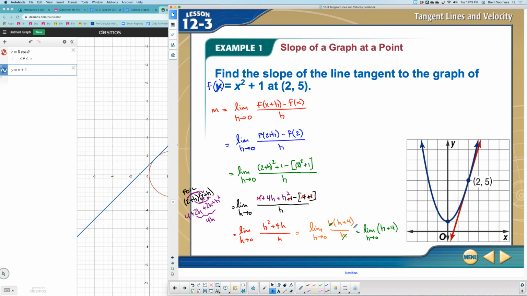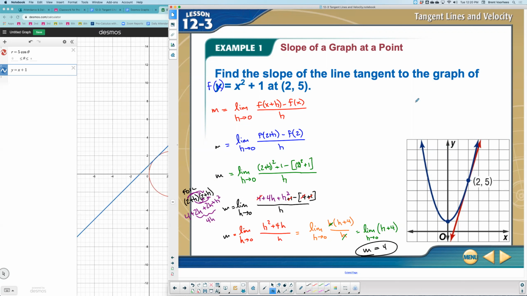Now that I have this as a polynomial, I can substitute in directly and determine that the slope will equal 4. m is the slope. This whole time we were saying m equals this, m equals this. This is the slope. And so our slope here equals 4. And so this tangent line would have a slope of 4.